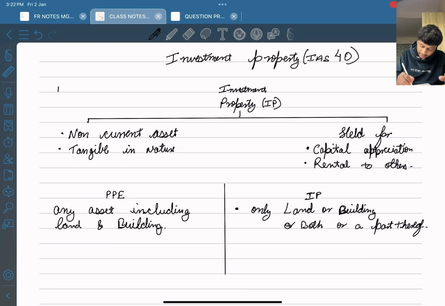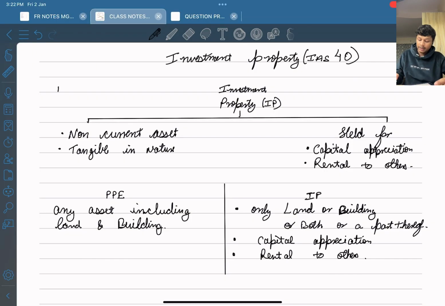If a land and building is held for capital appreciation, it will be investment property, and if it is held for rental to others, it will also be investment property, not property, plant, and equipment. Okay, so we can write rental to others only land or building.